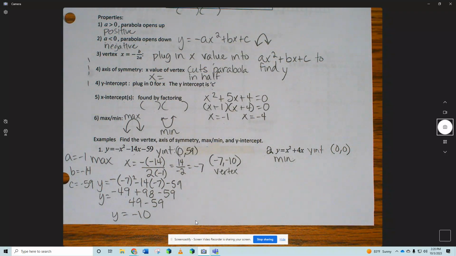Okay, find the vertex of number 2 on your own, please. Negative b over 2a. Number 2.